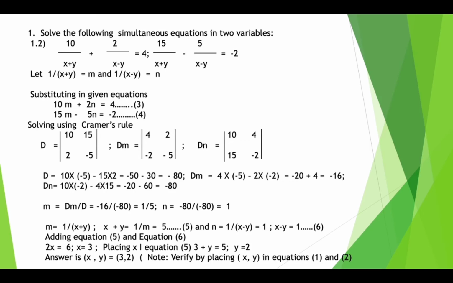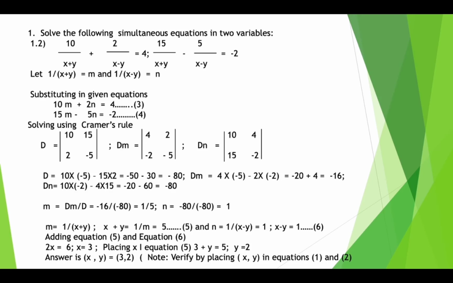10 upon x plus y plus 2 upon x minus y is equal to 4. 15 upon x plus y minus 5 upon x minus y is equal to minus 2. So let us put 1 upon x plus y is equal to m and 1 upon x minus y is equal to n. Substitute in the given equation.